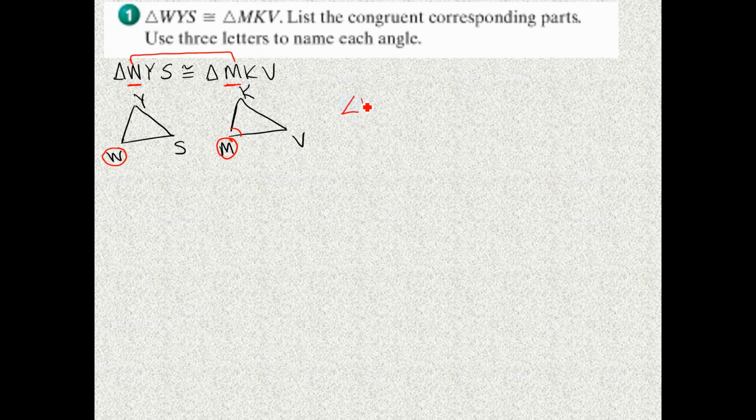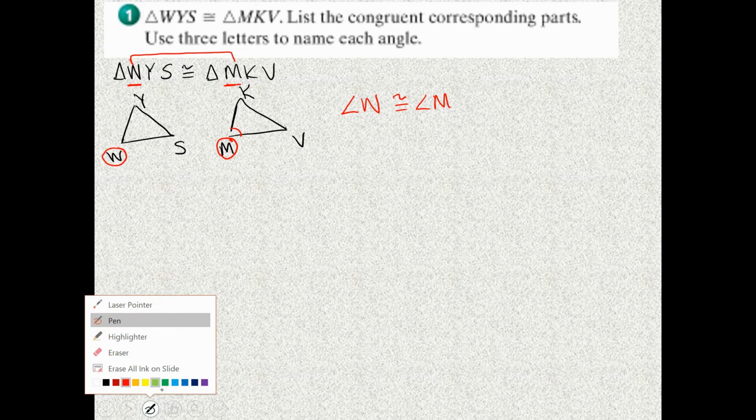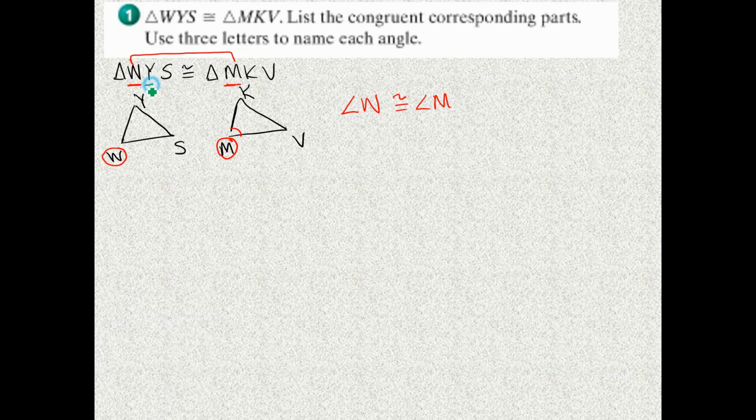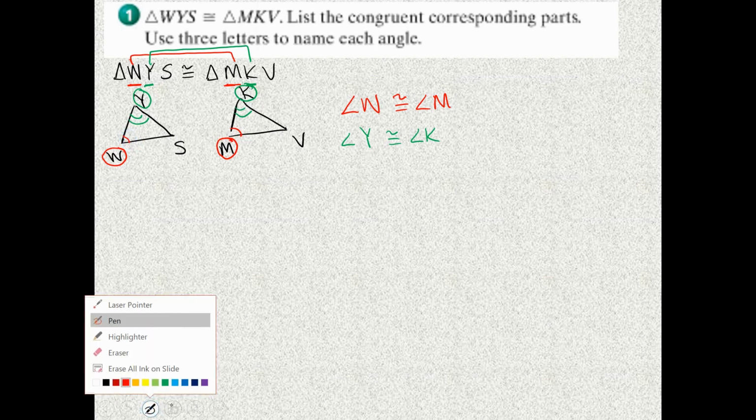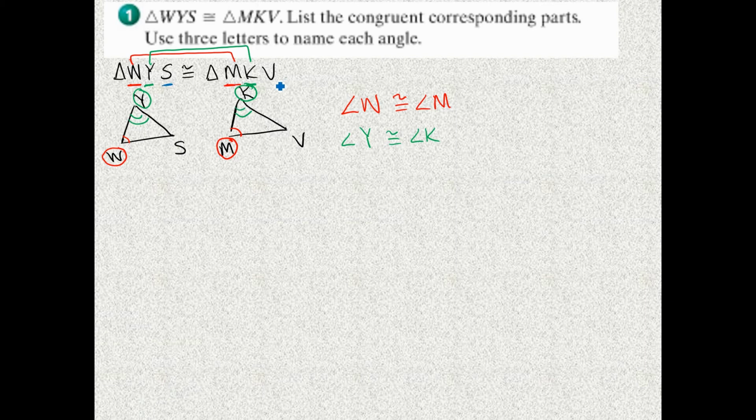So I could say that angle W is congruent to angle M. Additionally, we also know that Y corresponds to K. So Y and K would be congruent. So I could say angle Y is congruent to angle K, which I can show on my diagram and mark my congruent angles. And lastly, we also know that S corresponds with V.